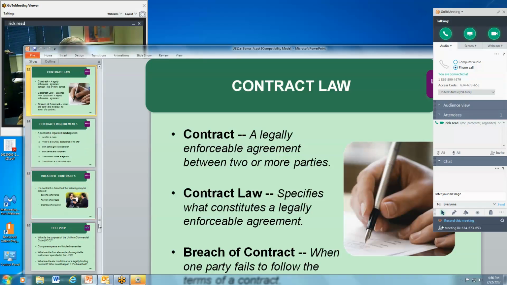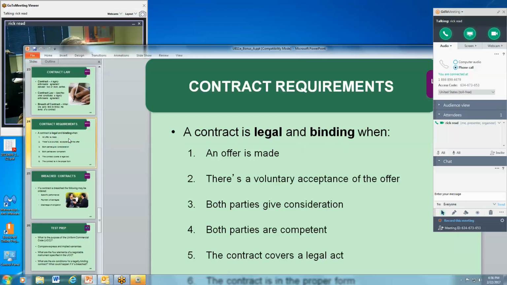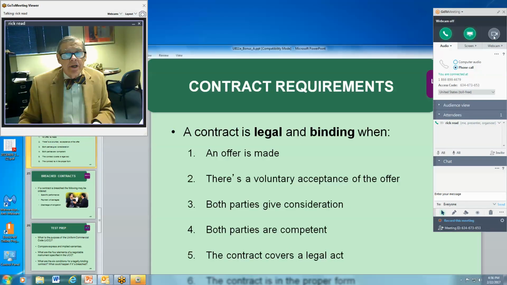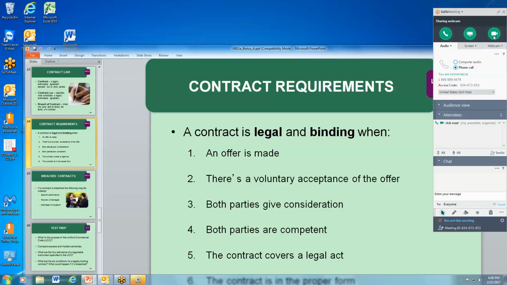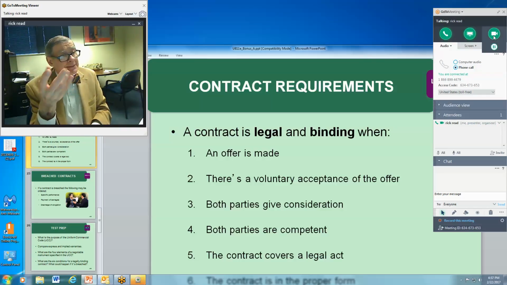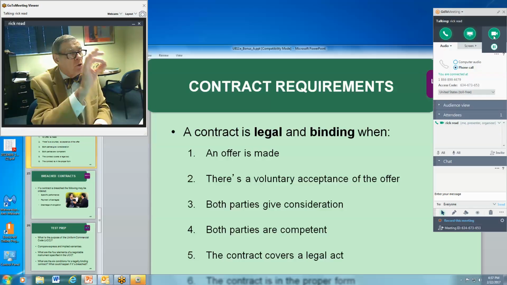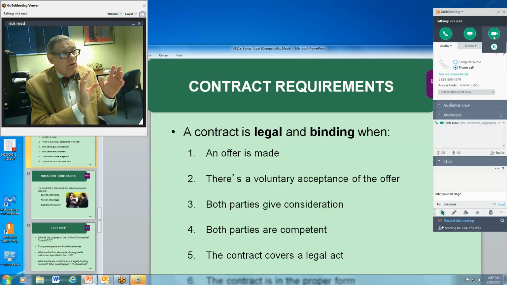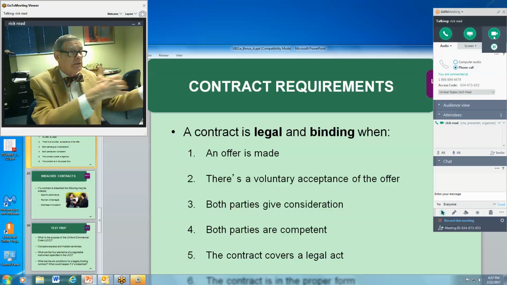Now we're going to get to contract requirements. These are the 6 criteria, if you will, that make a contract not only legal, but as the next word says, binding. The legal part means that we were both able to enter into this contract because we meet certain requirements.